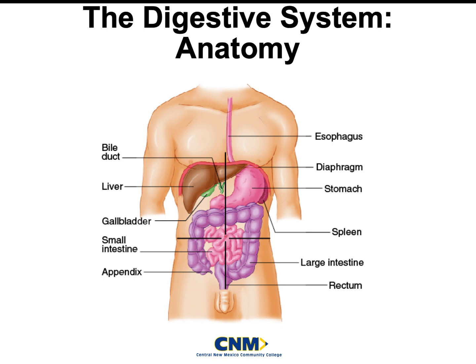As of now, you do not need to know the vessels or the organs that are lying within each quadrant. However, you will need to know as we are moving on in the semester, specifically when we get to trauma, what vessels lie in each quadrant. And remember, when you are looking at this picture, your left is their right, so don't let that get you confused. It happens every semester. Make sure that you are looking at it from the patient's point of view, not your own point of view.